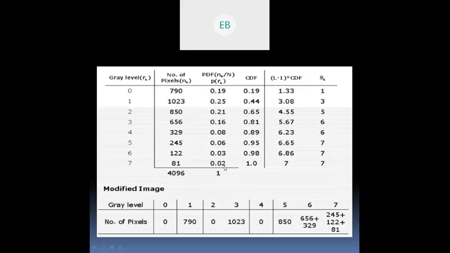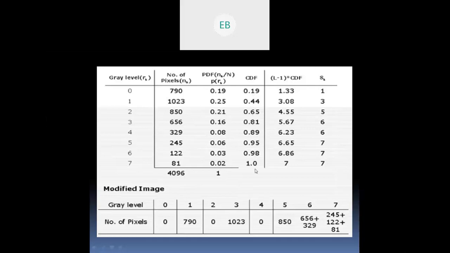For gray level 0 you consider the probability as P0. So P0 is 0.19, P1 is 0.25, P2 is this, up to P7, that is 0.02. So P0 to P7 you consider here.